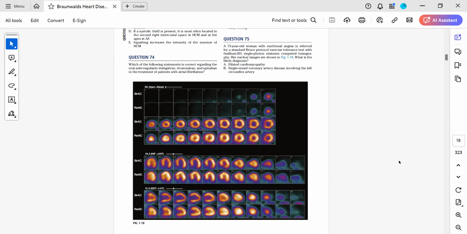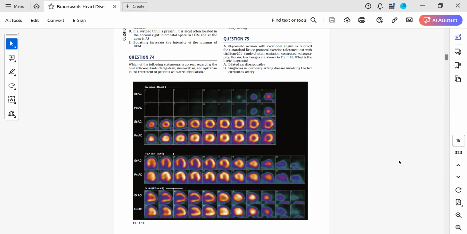And then if you look at the second row, the rest images are showing good uptake in the second, third, fourth images. But when you look at the stress, you see that it is less bright. Now I need to get oriented.